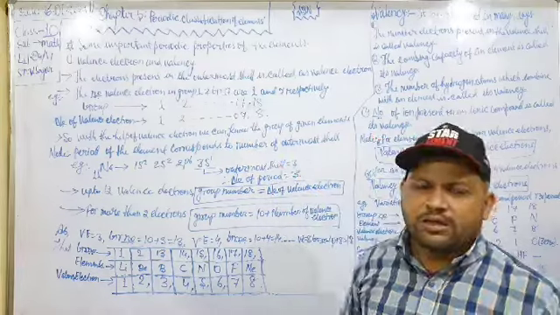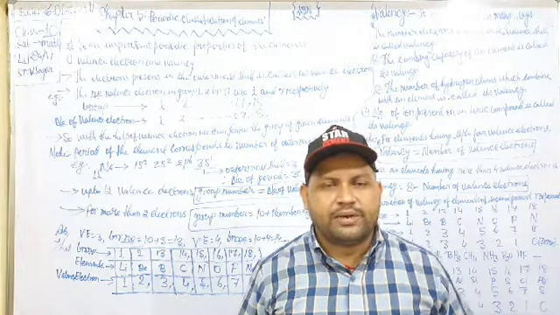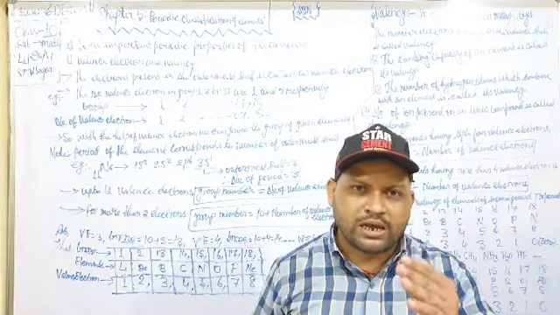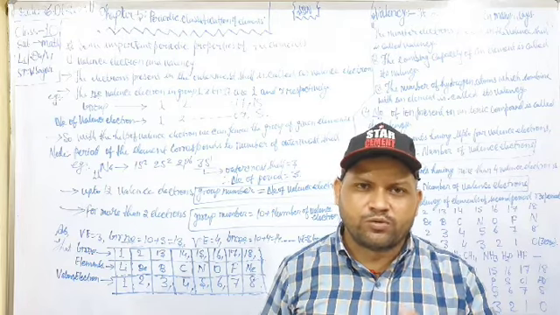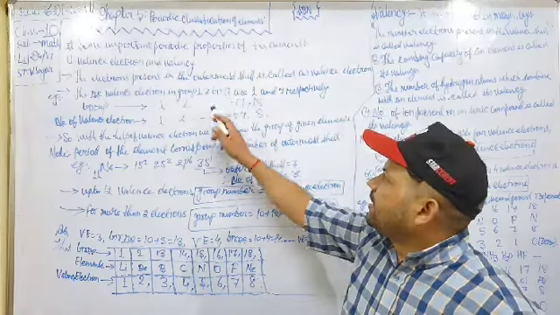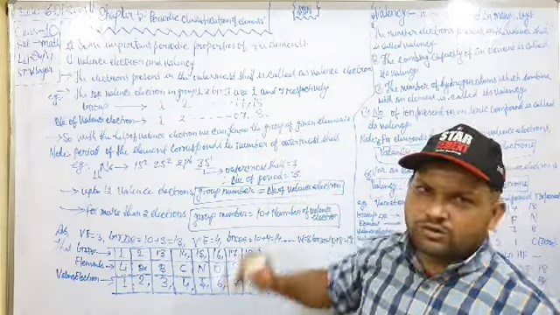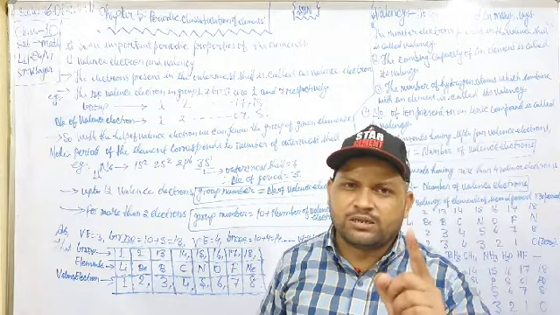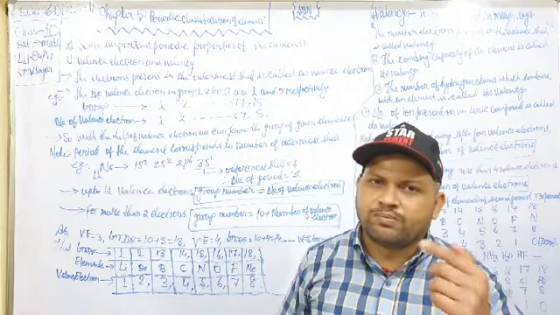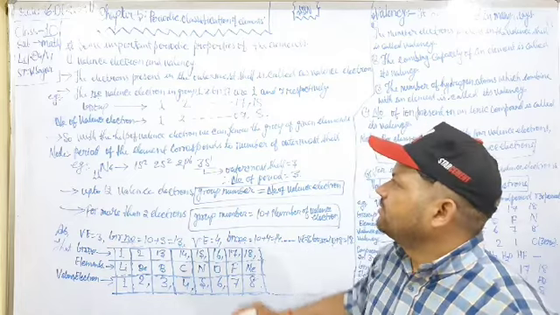In the same way, for group 17 elements, that is the halogens, chlorine, bromine, iodine, the number of valence electrons in the outermost shell is 1 as well.